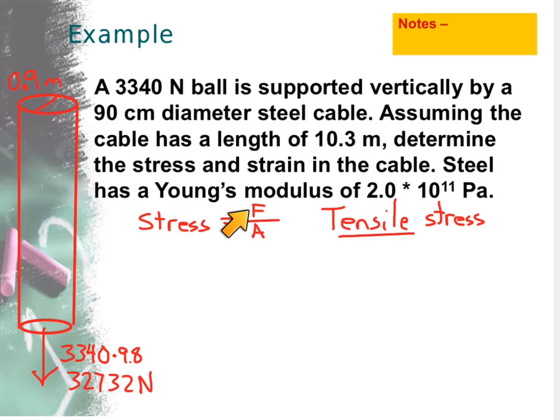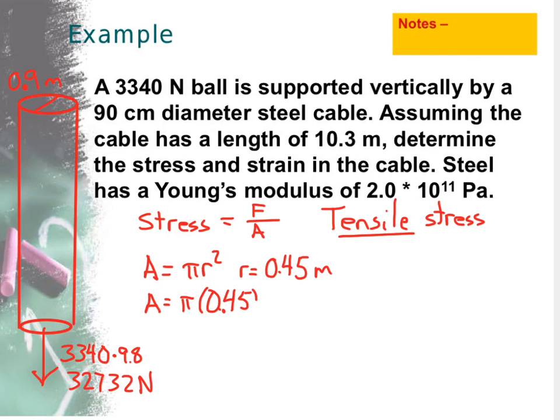So, to calculate stress for tensile stress, I just take the force divided by the cross-section area. The area I can calculate just by pi r squared. It's the area of this cutout circle. And when I do that, I get an area equal to 0.636 square meters.